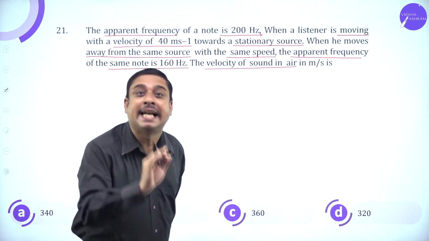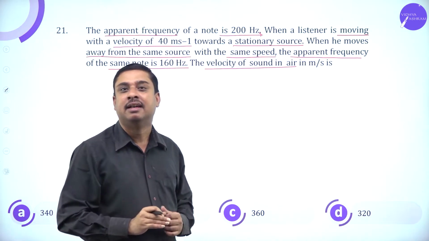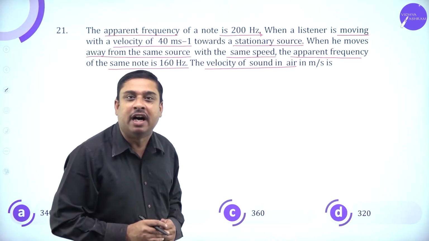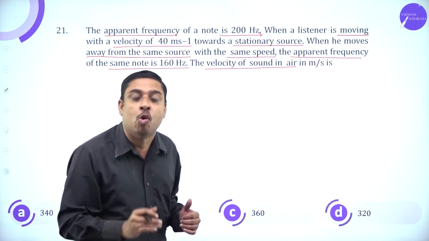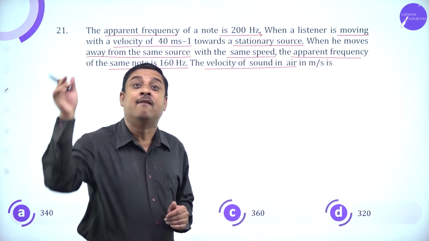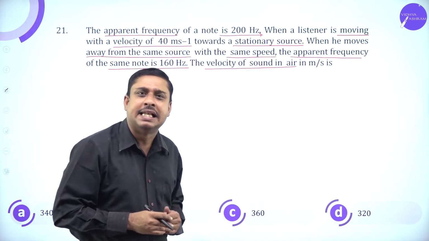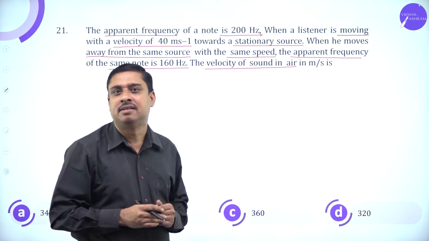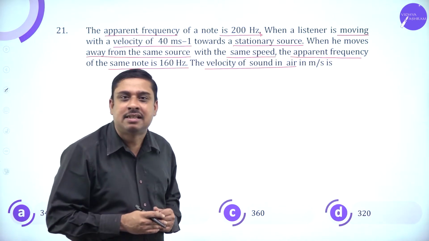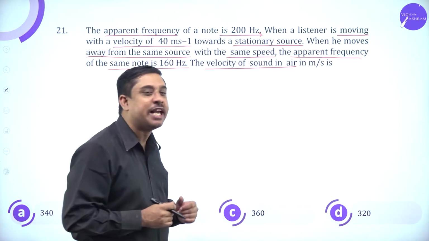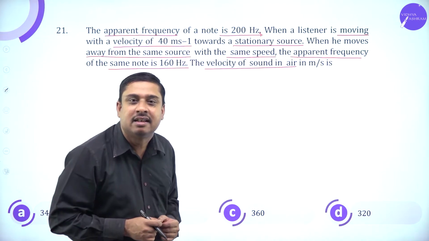And in the second case, ಏನಾಗ್ತಿದೆ? The observer is moving away from the stationary source with the same speed, and the apparent frequency changes.